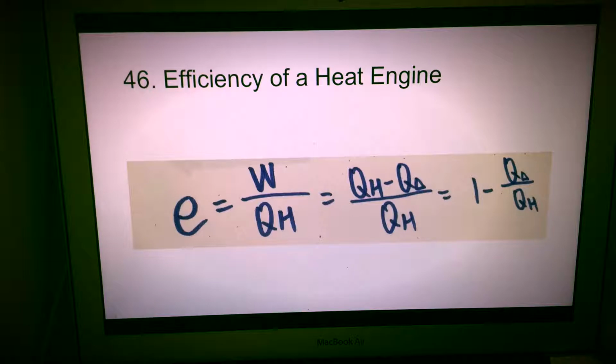So the useful part divided by the total is the efficiency. 47. Efficiency of a Carnot engine. It's just the same as number 46.